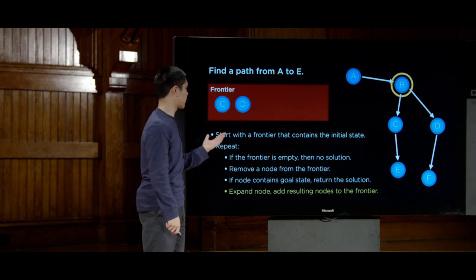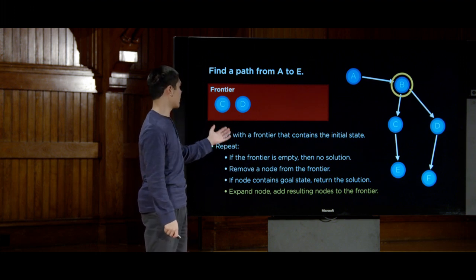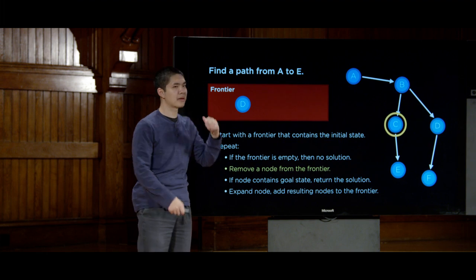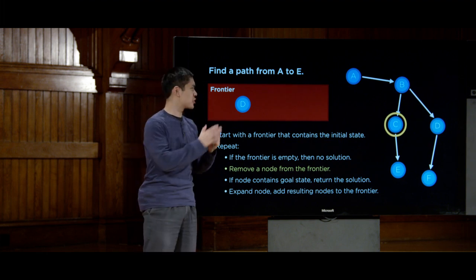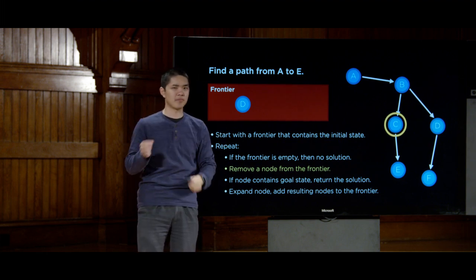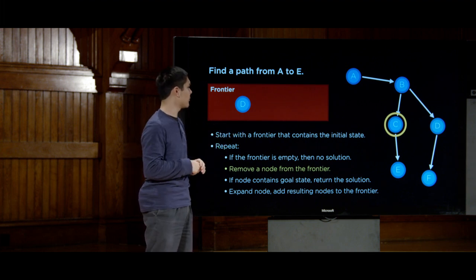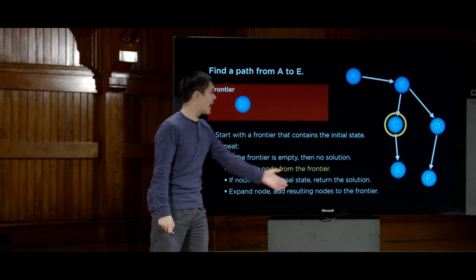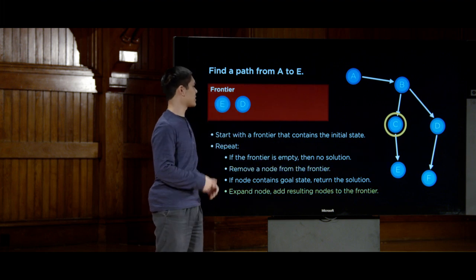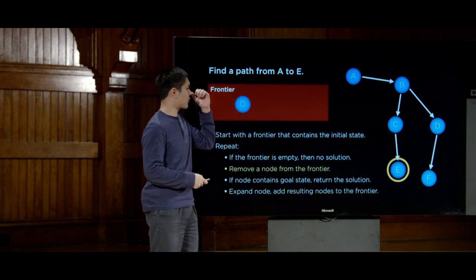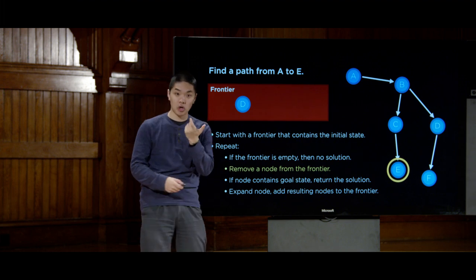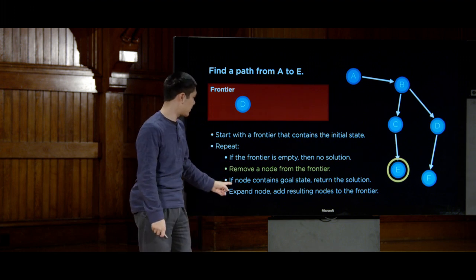And we repeat the process again. We remove a node from the frontier. For now, I'll do so arbitrarily just by picking C. We'll see why later, how choosing which node you remove from the frontier is actually quite an important part of the algorithm. But for now, I'll arbitrarily remove C, say it's not the goal, so we'll add E, the next one, to the frontier. Then let's say I remove E from the frontier. And now I check, I'm currently looking at state E. Is it a goal state?